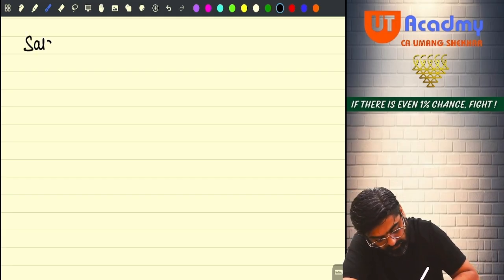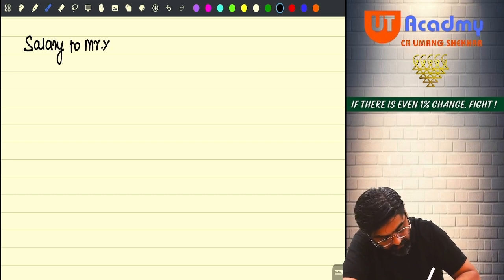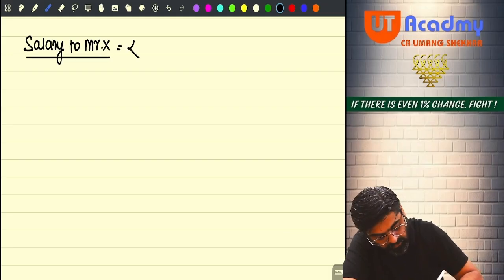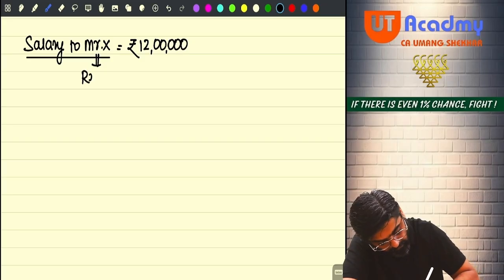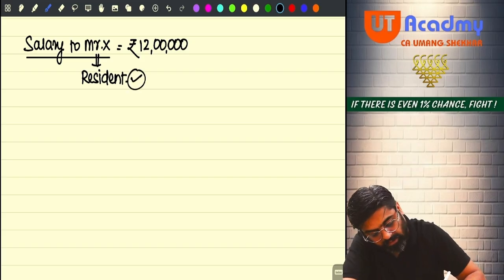First payment is salary to Mr. X, rupees 12 lakhs. Mr. X is a resident. So 12 lakh salary was payable to this resident.